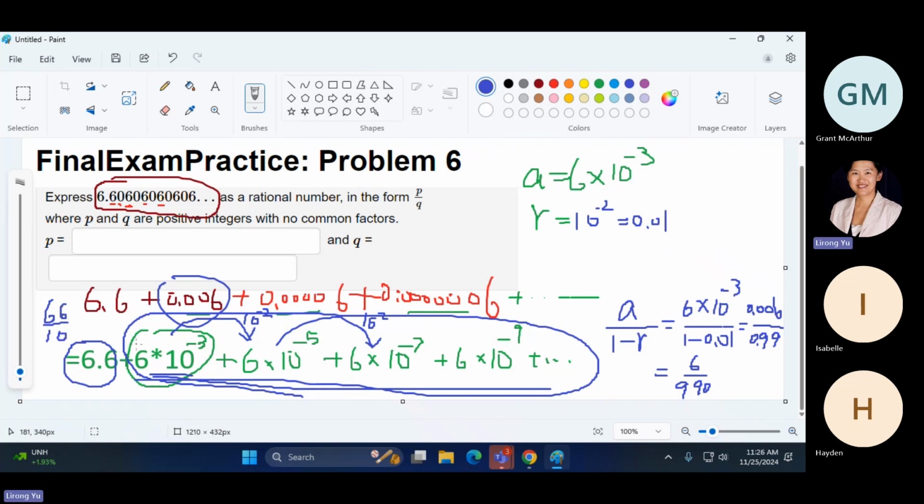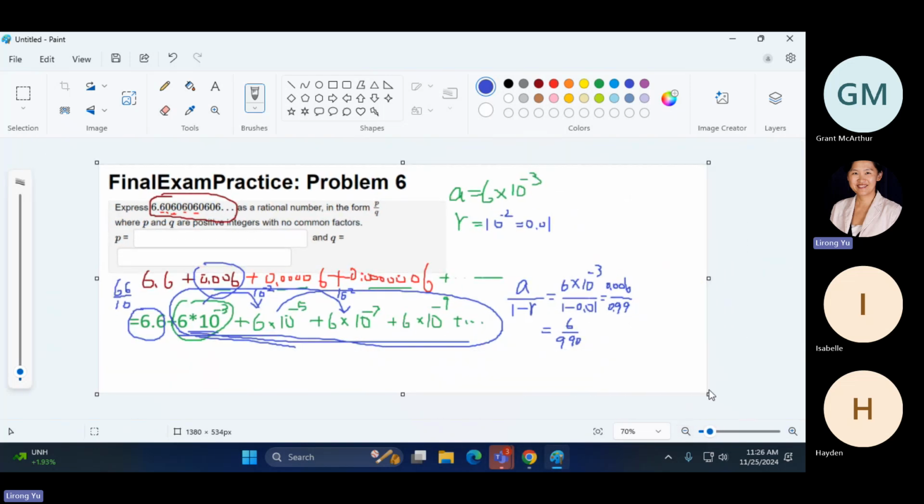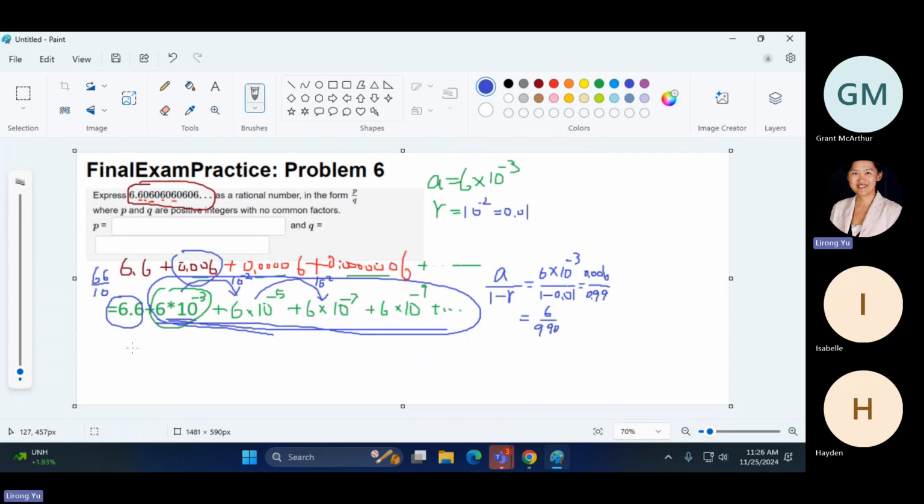Yes. And then we're combining the decimals. So essentially it becomes one fraction, 66 over 10, plus another fraction, this entire infinite-term thing, whose total summation is 6 over 990. We're combining two fractions by summation.